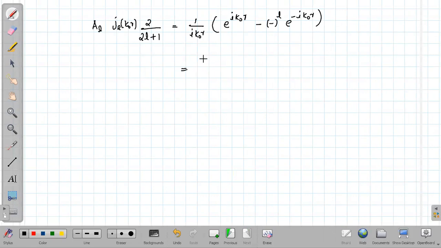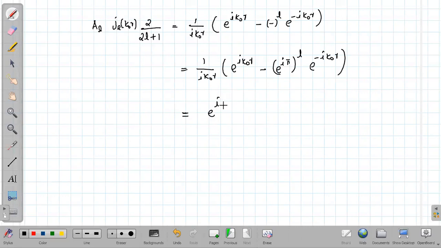So let it be 1 by i k0 r times e raised to i k0 r minus, I can write minus 1 as e raised to i pi raised to L, e raised to minus i k0 r. Now we can take e raised to i L pi by 2 commonly outside from the right side. So e raised to i L pi by 2 divided by i k0 r.